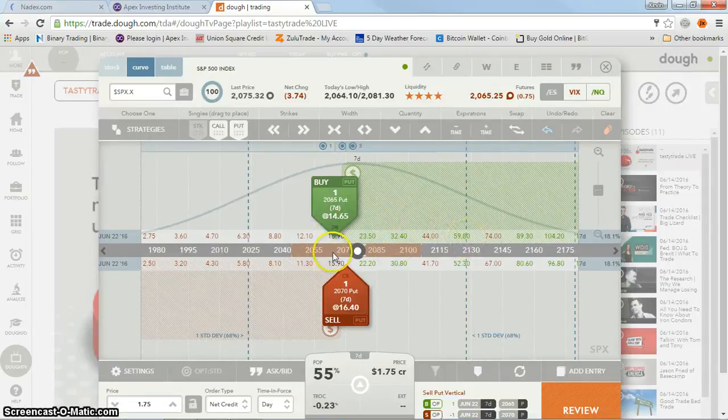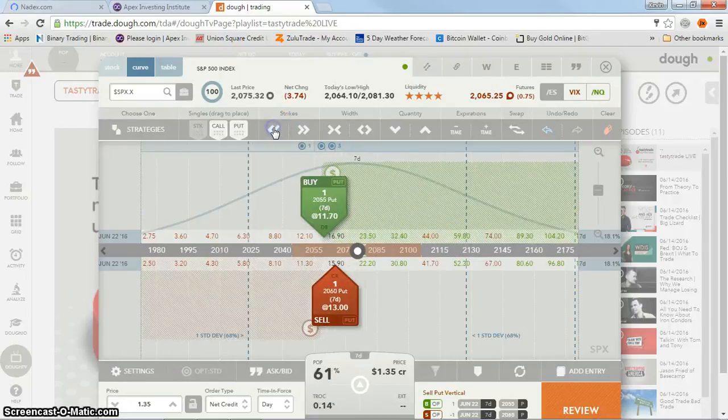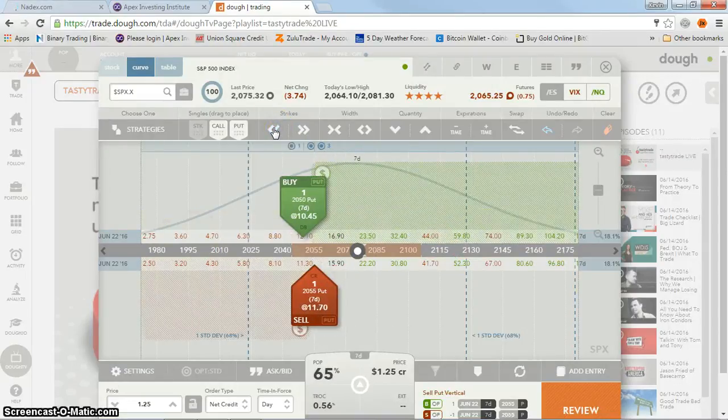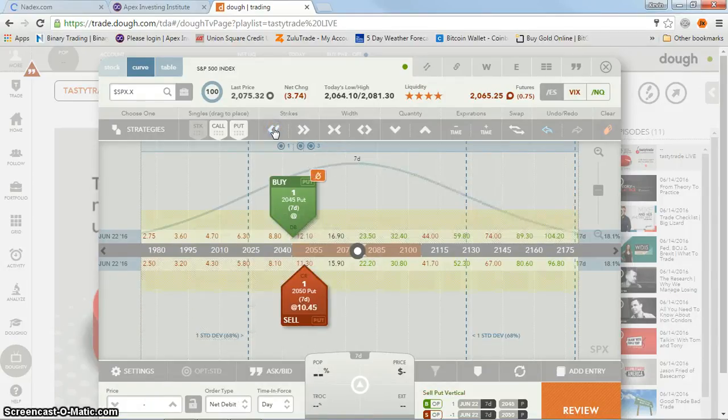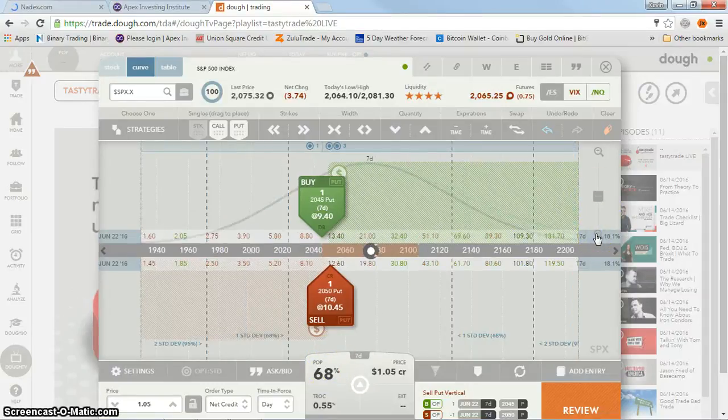Now, you don't have to leave it right there. You can move these strikes anywhere you want. And every time you move the strike price, it's going to tell you the probability of that strike price being out of the money at the end of 7 days. Which is real nice, because what you're doing now is you're trading probabilities as opposed to price action.